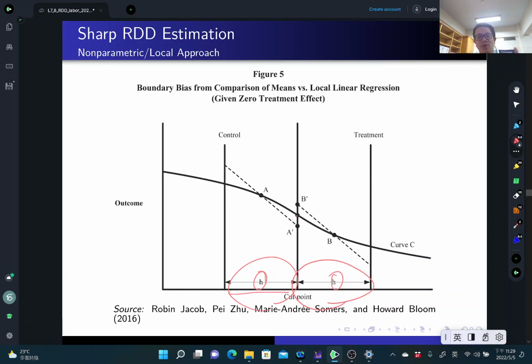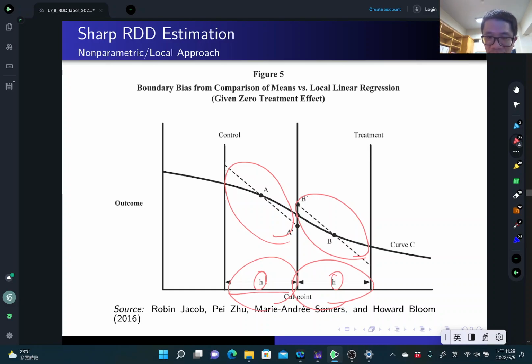The first approach suggests we just take the average of the outcome in this interval and this interval. If you do that, you will get the estimate.